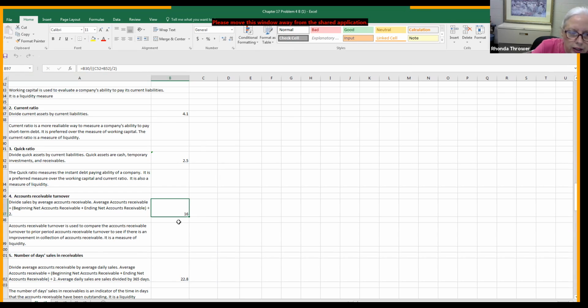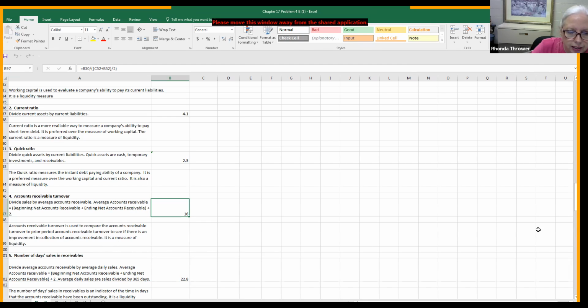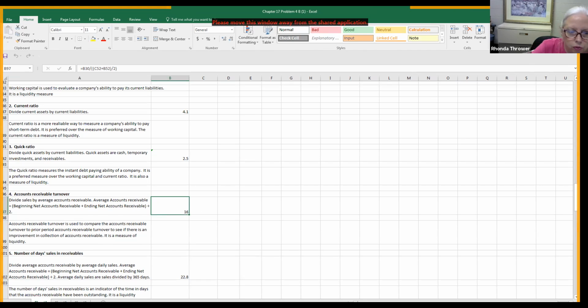And it will give you an accounts receivable turnover of 16, as you can see here. We would compare that with what happened last year to see how many times we have turned our accounts receivable over. The more times we can turn our accounts receivable over, the better it will be. It is a measure of liquidity. And so 16 is our accounts receivable turnover for this problem.